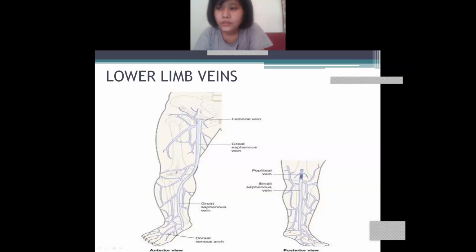This is your ankle portion, right? As it goes upwards and upwards, it will stop here. They will meet mostly in the popliteal fossa, and they will join the popliteal vein, which is the deep vein.